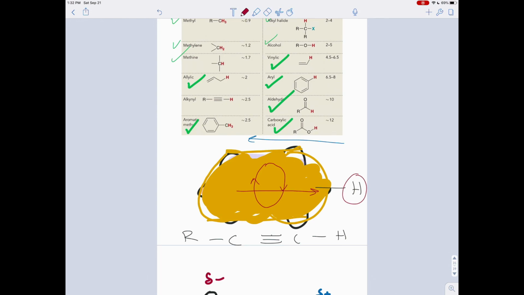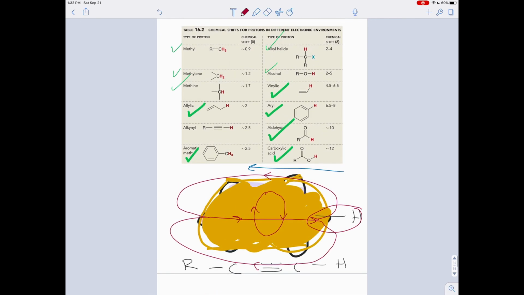And notice that the hydrogen on the aldehyde is in line with that. So this eventually coils back around and you get the anisotropy just like with alkenes. But the hydrogen is in line with the part of this that's opposing the external magnetic field.